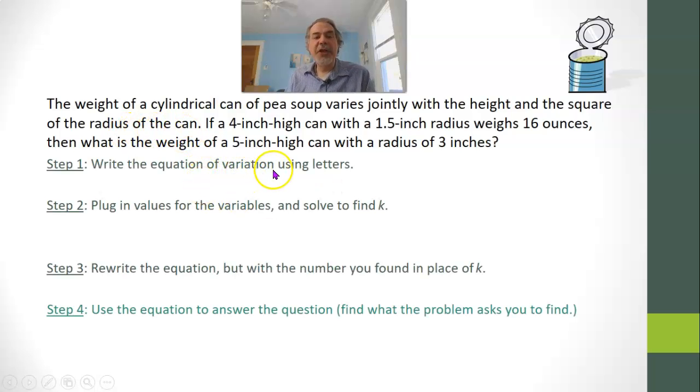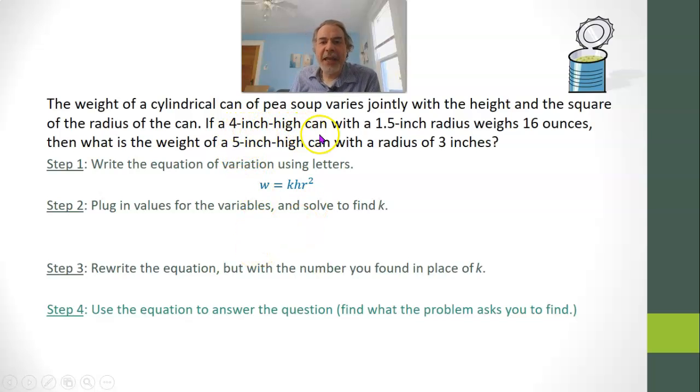So when we write that as an equation using letters, the weight varies, so it's equal to K times the height times the square of the radius. So weight equals K times height times radius squared. W equals K times H times R squared.